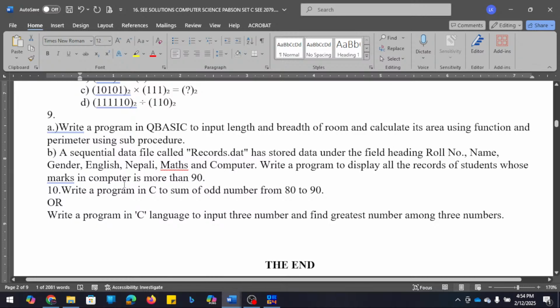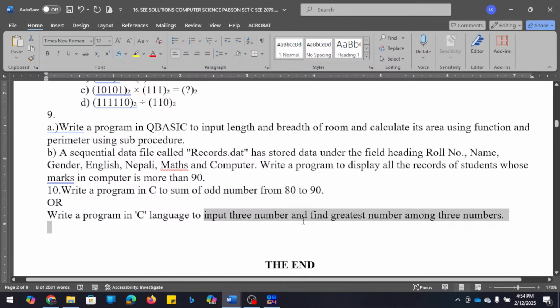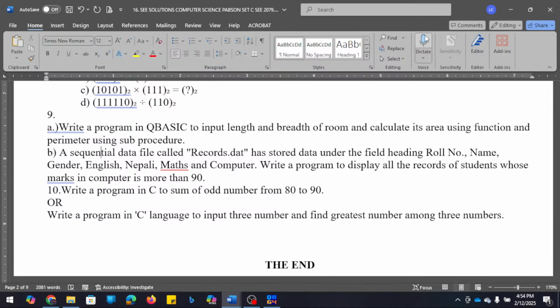Once you watch the previous video, sum of odd numbers, the same program we did the day before yesterday, and the greatest and the smallest. So we have already done this. I hope you also understand this one. If you have any questions, then let me know.